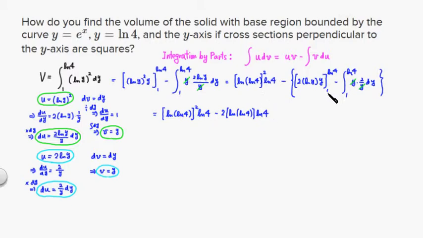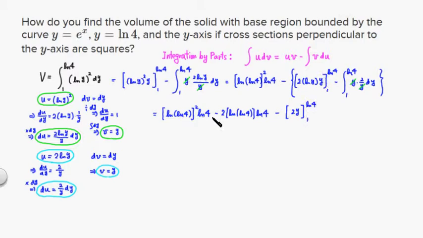Then minus, but if you plug in 1 again, it's going to be 0, so we're not going to write it down. So last part, the antiderivative of 2 is just 2y, going from 1 to natural log of 4.